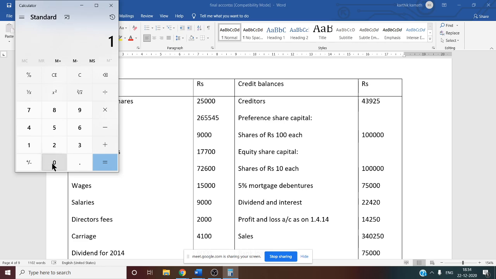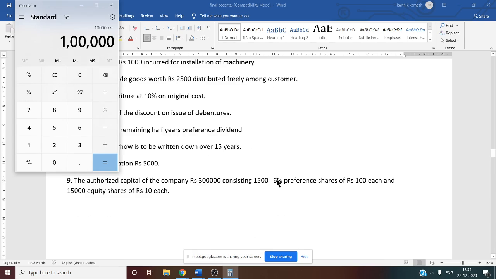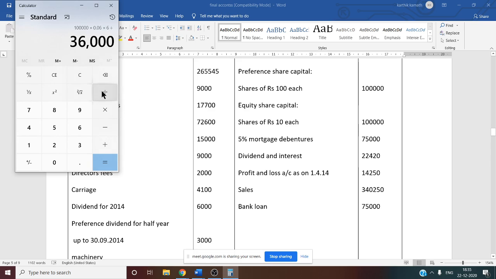So 1 lakh into the class of preference share that is given in the authorized capital information, the final information, that is 6% preference share capital. So we will take 6%. Then the next thing we have to do is 6 months dividend is not paid. That is why 6 by 12. See this, 3,000. So we got the same amount. So it is correct. You have to consider 3,000 preference dividend due.